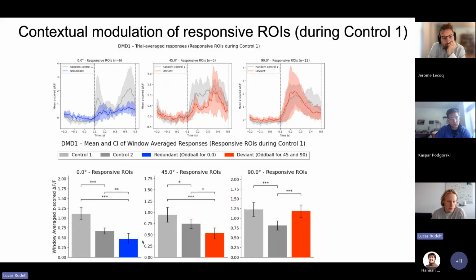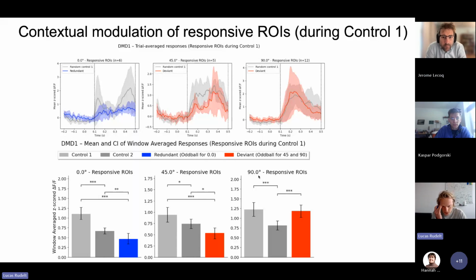So there seems to be contextual depression, but also long-term depression of these initial responses, so to say. This is also true for 45 degrees to some extent, not so much for the 90 degree.